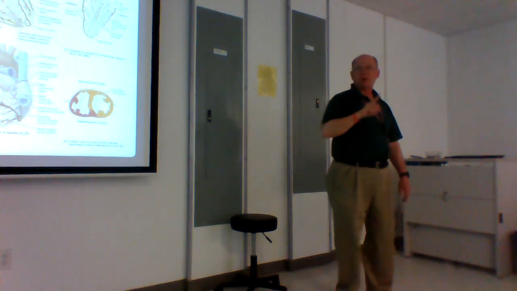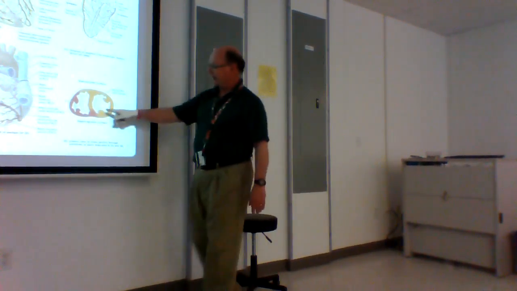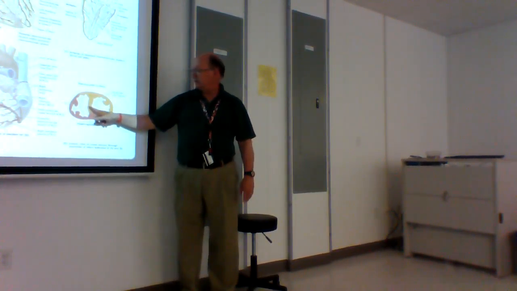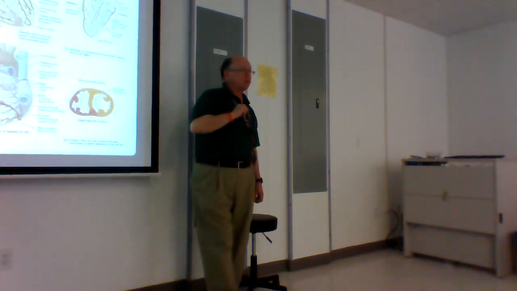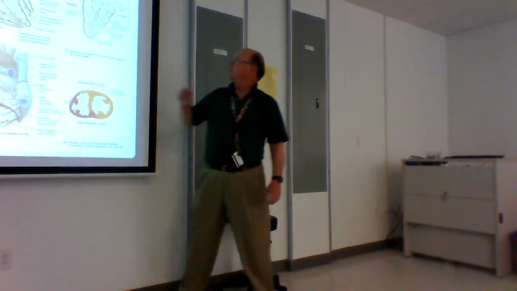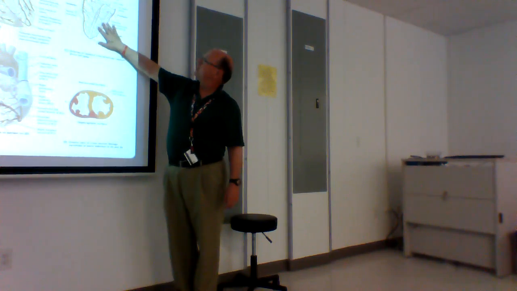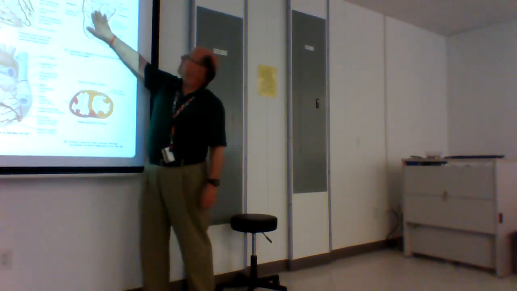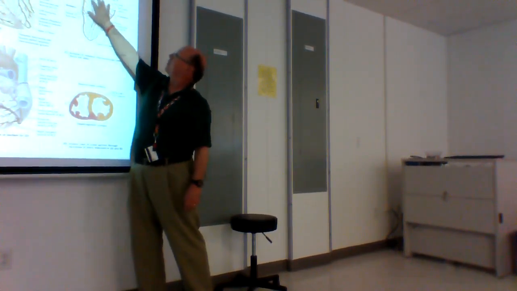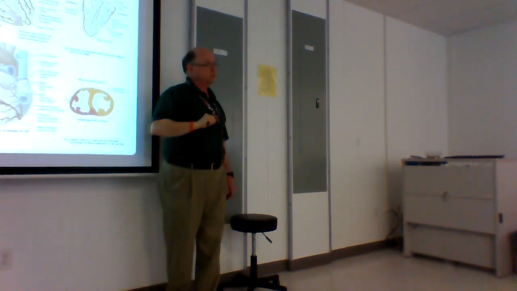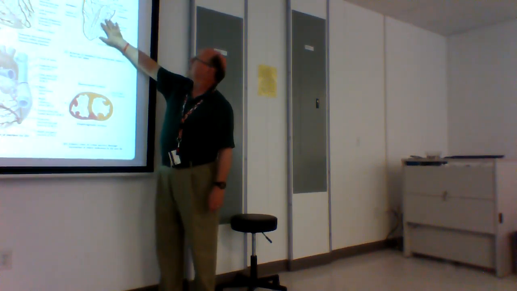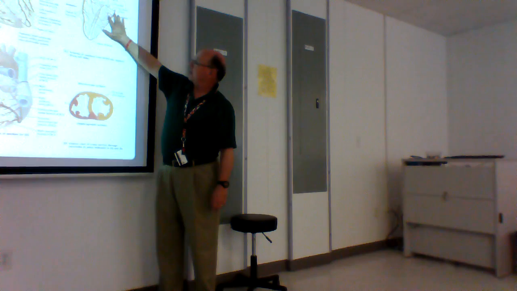And the critical part of that is this little yellow dot in the middle, which is the atrioventricular bundle. When we look at this picture up above, the gold color is our left coronary artery, and the red is our right coronary artery.